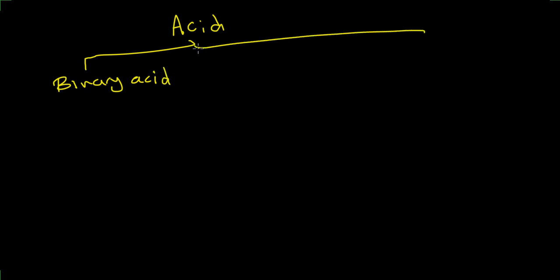Hello everyone. In this quick review, I'm going to explain acids. In general, we have two types of acids: binary acids and ternary acids. Generally, a binary acid starts with hydrogen and one halogen.